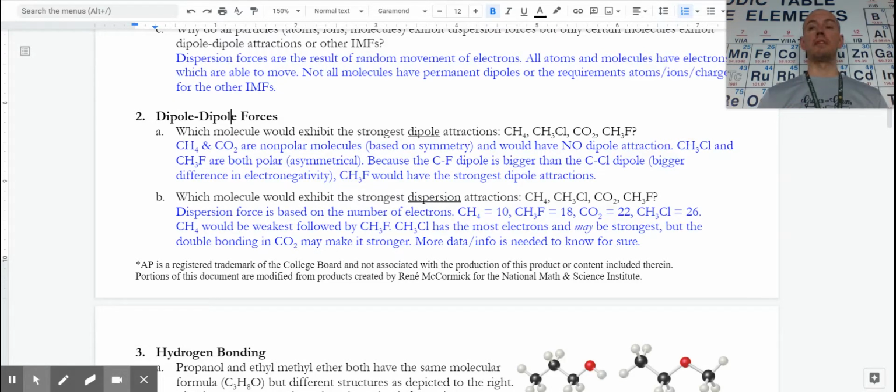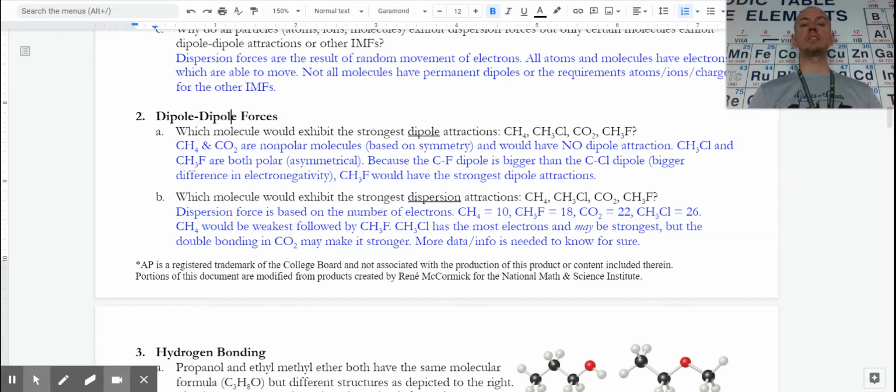Carbon is right around 2.5, whereas fluorine is 4, chlorine is 3. So that chlorine to carbon bond, although polar, is barely polar. The carbon to fluorine bond is one of the more polar things that can be considered polar without becoming ionic.